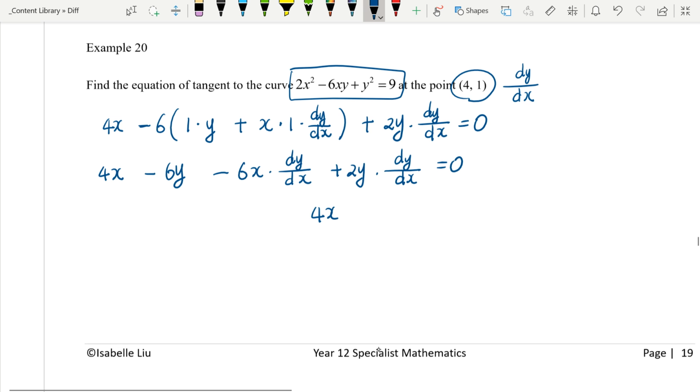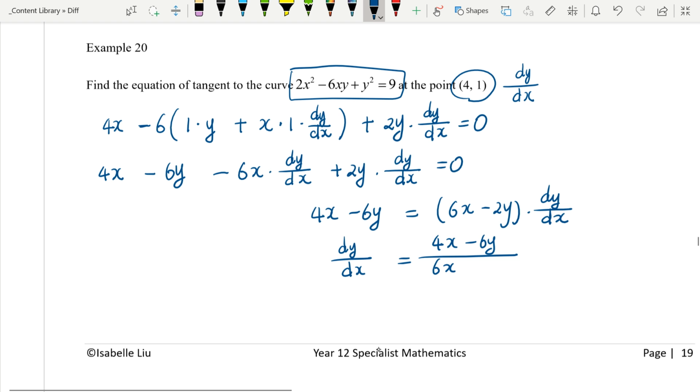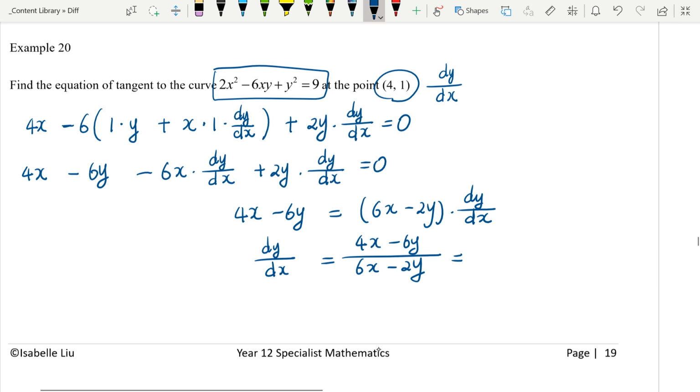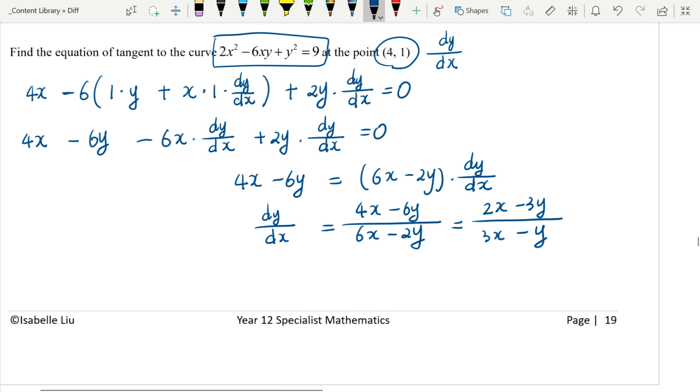What we have on this side is 6x minus 6y equals the bracket 6x minus 2y of dy/dx. So dy/dx equals 4x minus 6y over 6x minus 2y. And you can further divide by 2 on every term, so 2x minus 3y over 3x minus y.